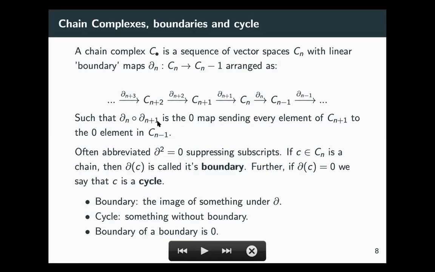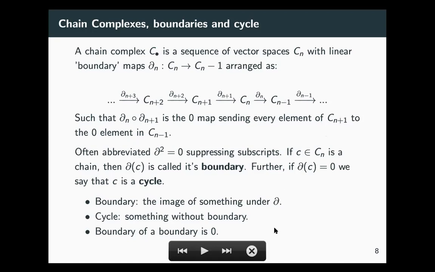You can denote this as delta_n composed with delta_{n+1} is 0. I assume I got these indices right. You can also write it without subscripts because they're obvious, because it's always just the next one. You can't compose delta_{n+3} with delta_n without using the intermediate maps.